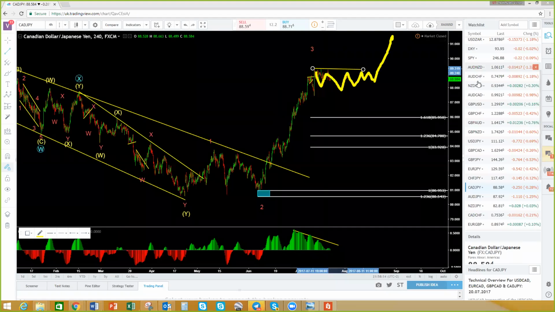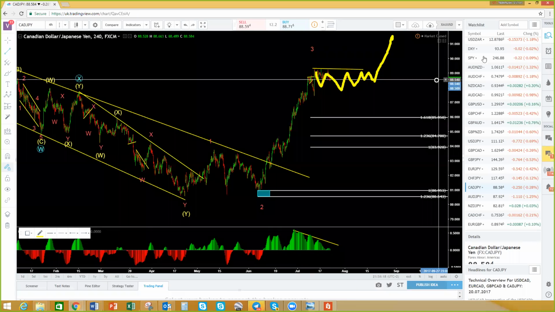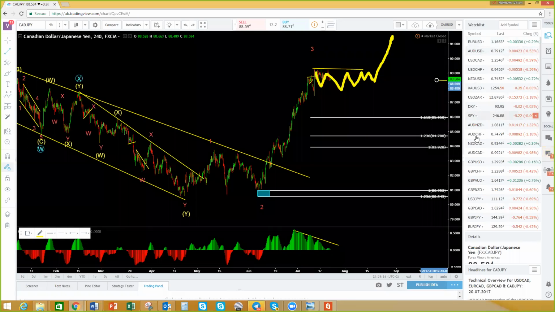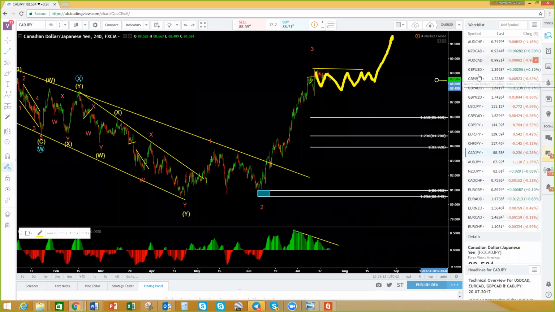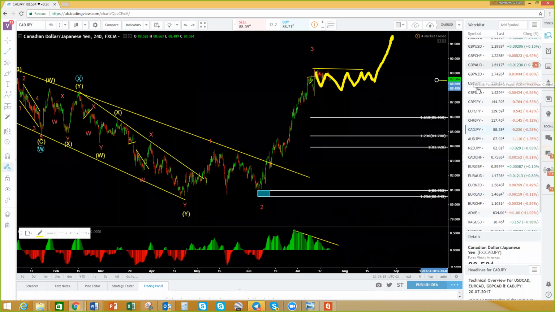Okay, and there's also US dollar CHF. Somebody has requested US dollar CHF. Okay, I think we've got 2 minutes, so this is possibly the last chart that I'm going to look at.